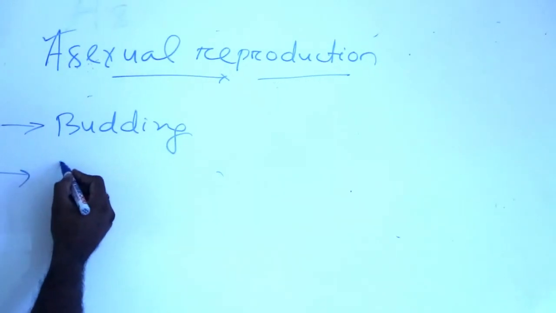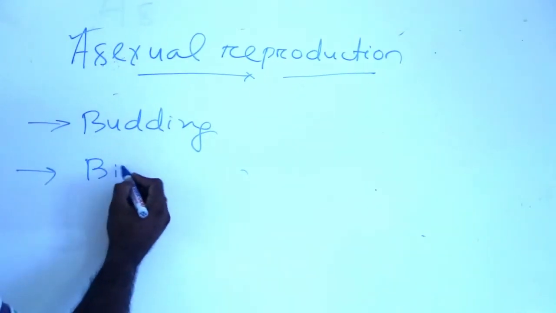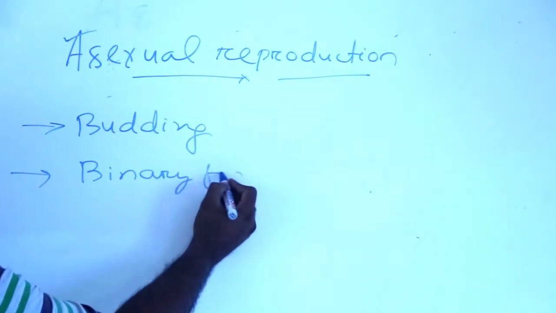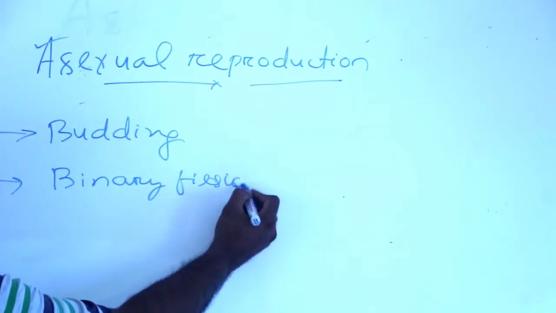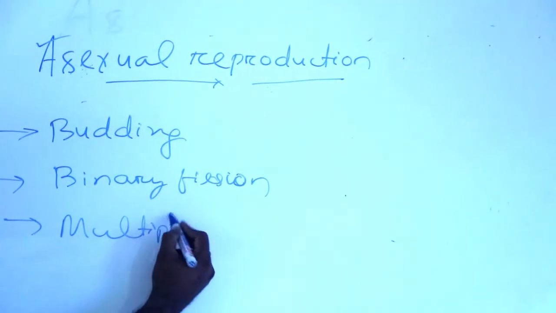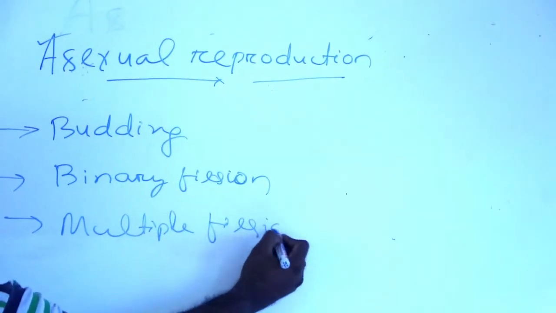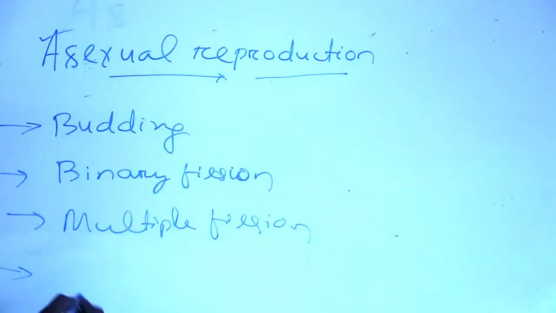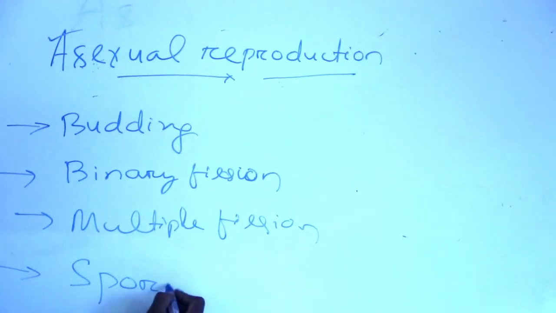Asexual reproduction of organisms is completed in different methods such as number 1 budding, number 2 binary fission, number 3 multiple fission and sporulation.